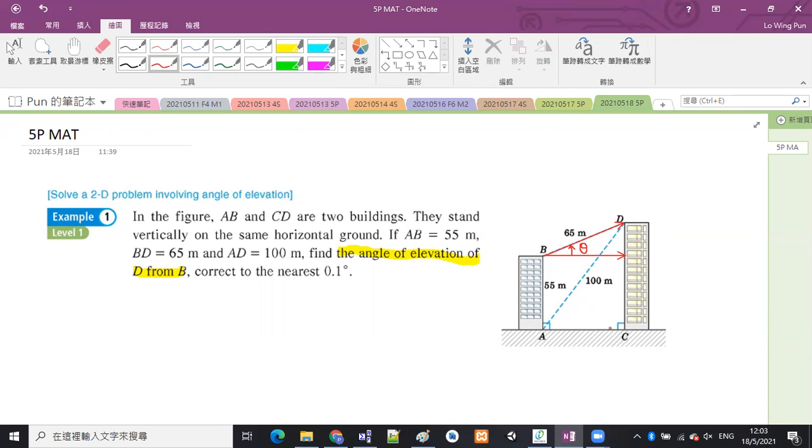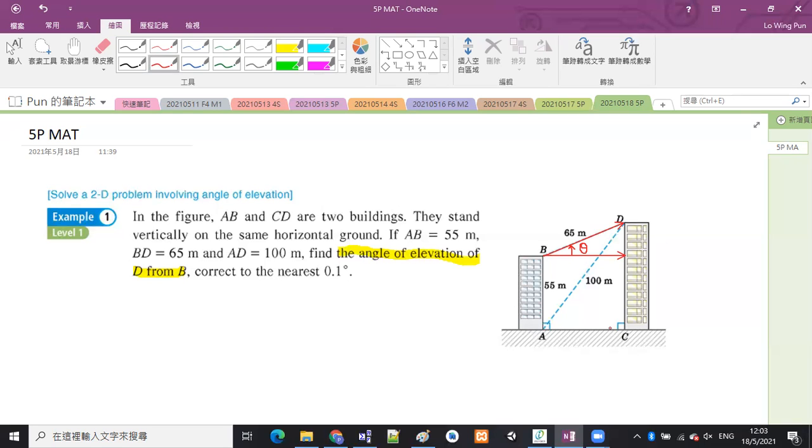Okay, so we have 3 pieces of information in triangle ABD. Then you can find all the angles, including angle ABD. So we can use triangle ABD to calculate the angle ABD. But when we have found the angle ABD, then this angle ABE will be just 90 degrees, right?